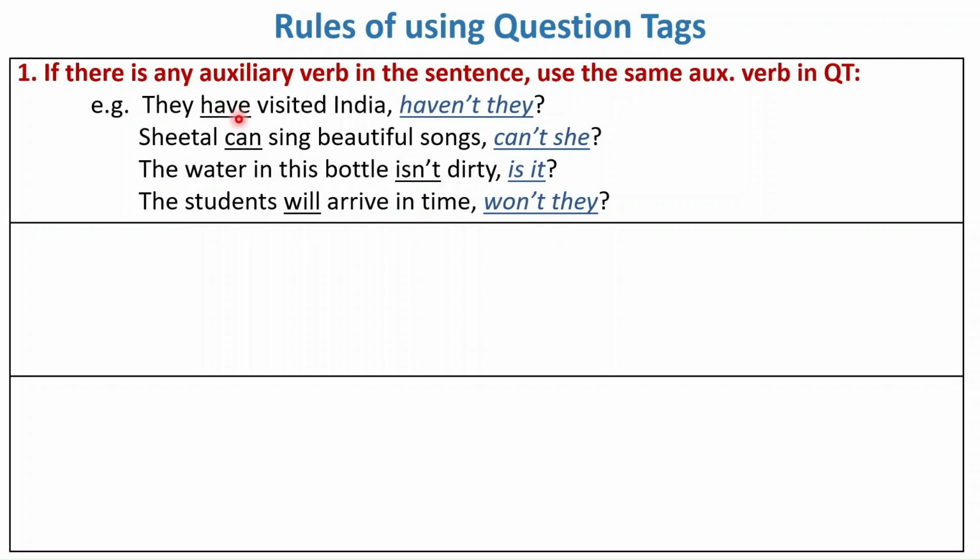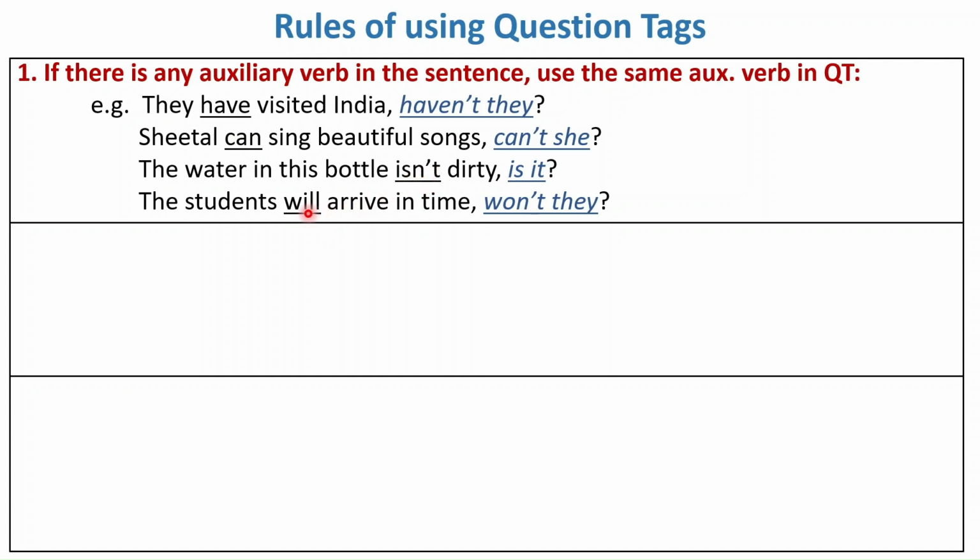Okay, first of all, the first thing that we do is we have to check if there is given an auxiliary verb in the statement. For example, in these given statements, there are auxiliary verbs have, can, is with negative, and will.